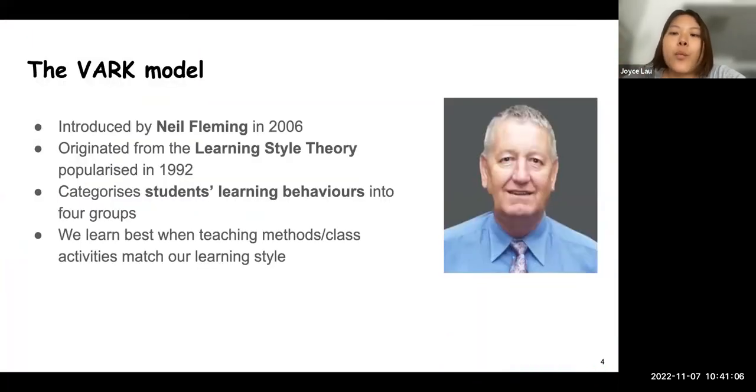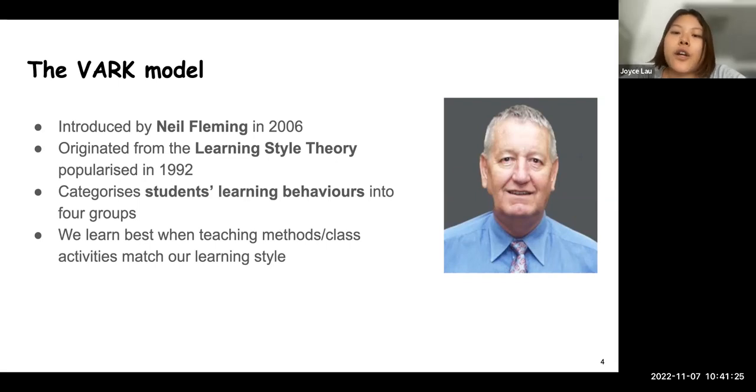Students have preferences in the way they assimilate and process information, and this concept is what the VARK learning model is all about. Fleming introduced the VARK learning model in 2006. This model stemmed from the learning style theory introduced by Fleming and Mills in 1992.